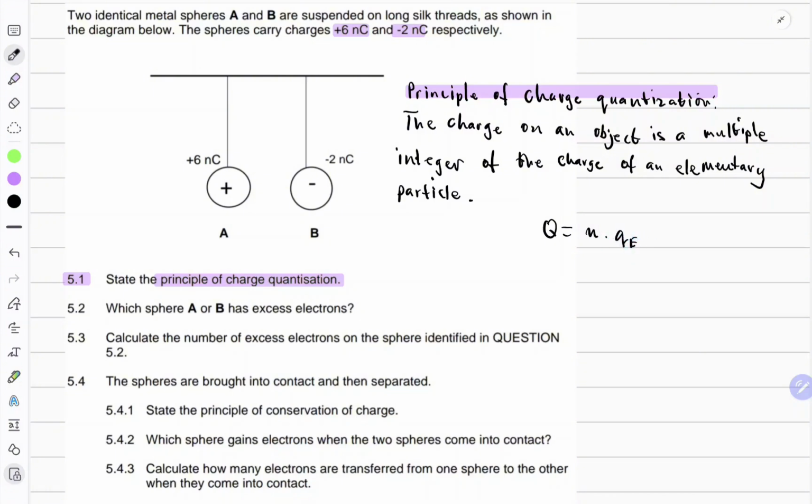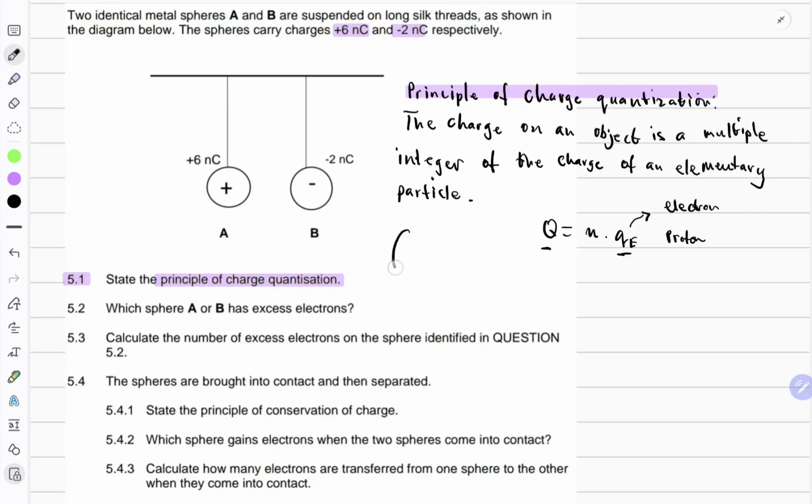QE represents the charge of an elementary particle, and this could be an electron or a proton, and N stands for the number of these elementary particles that form the net charge on the object.